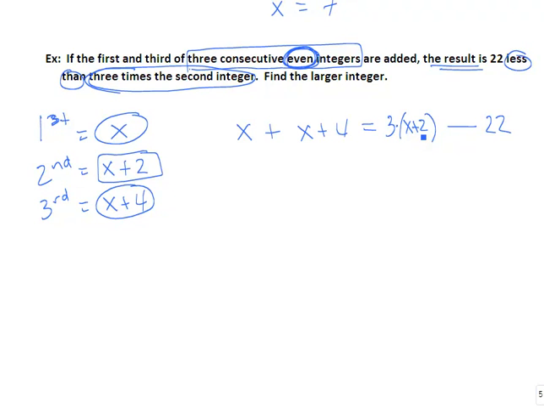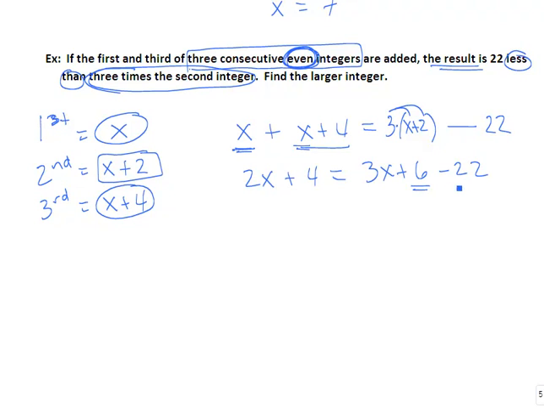So let's double check that we have the right equation. If the first and the third are added, the result is 22 less than 3 times the second integer. So we have it all set up correctly. Now we want to solve. Got a couple of like terms on the left side. x plus x is 2x plus that 4. And on the right side I can distribute my 3. 3x plus 6 minus 22.